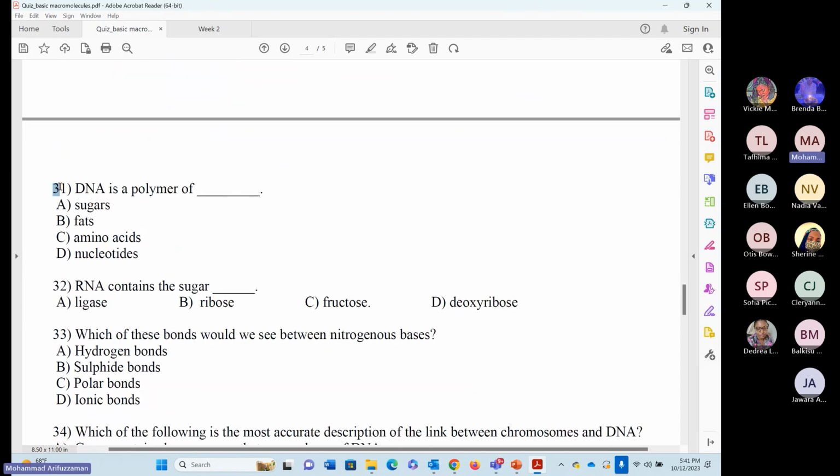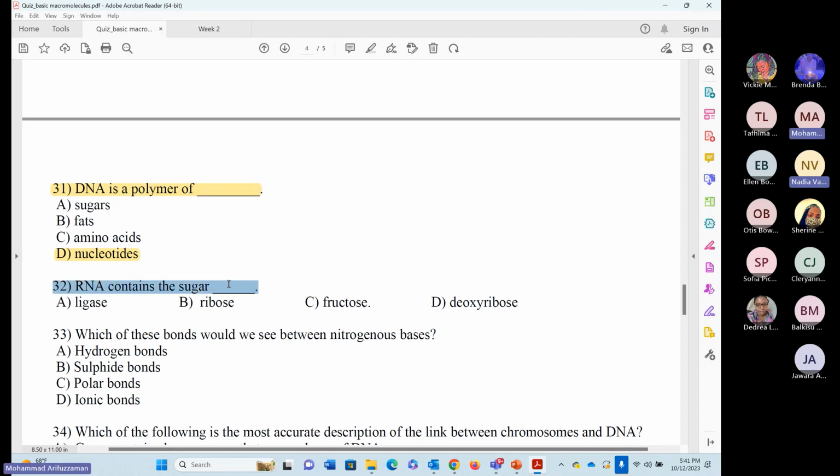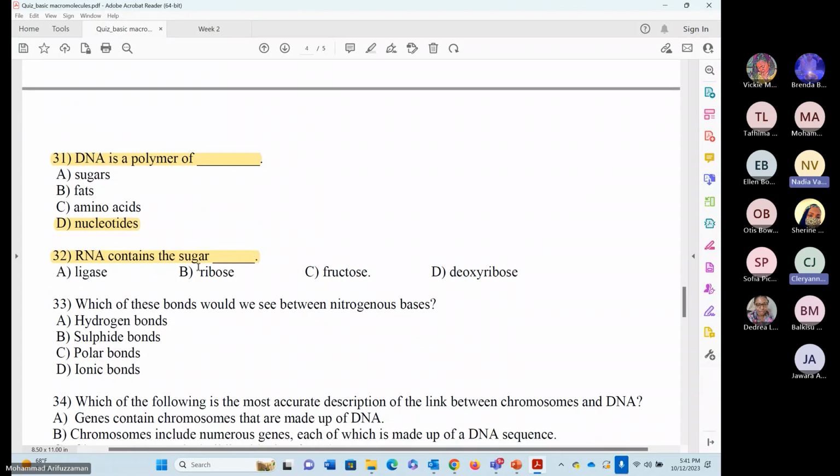The DNA is a polymer of... Is it D? The nucleotides. Good. DNA is a polymer of nucleotides. So nucleotide is a monomer and the DNA is a polymer. The RNA contains the sugar... B. Yes, correct.